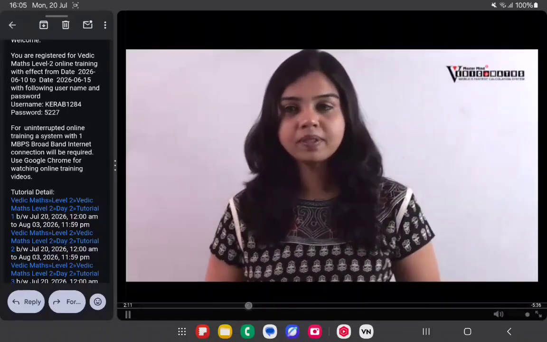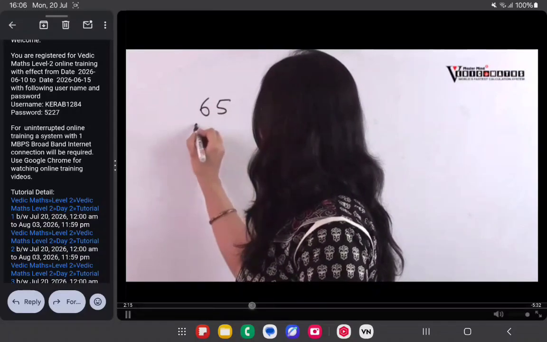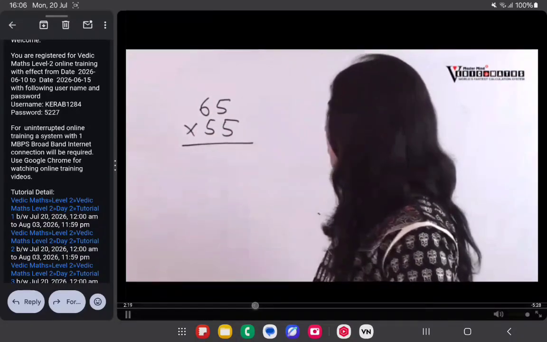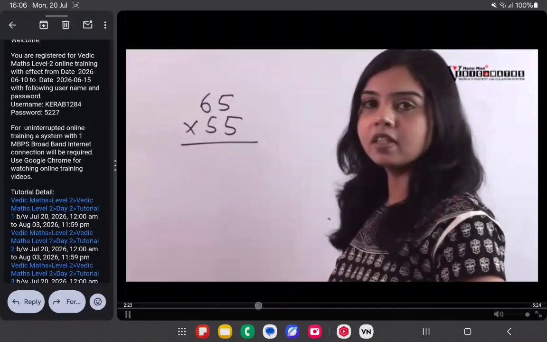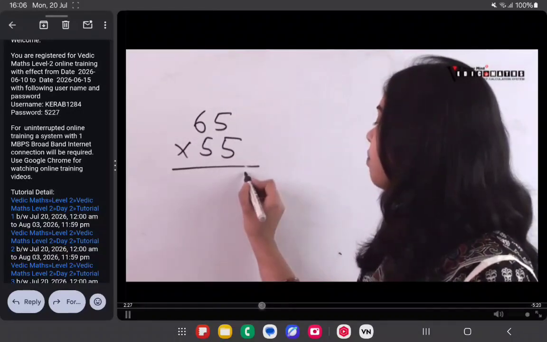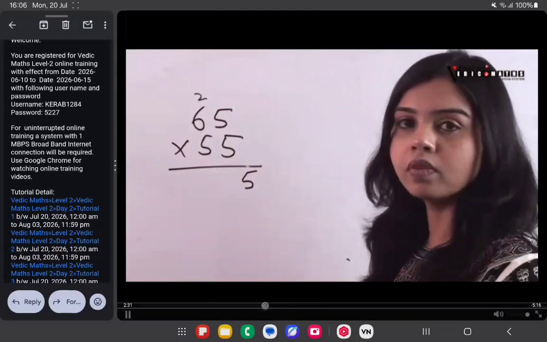Let's take one more example. 65 into 55. So last digit multiply by this digit. 5 into 5 gives 25. That means we can write here 5 and carry forward 2.